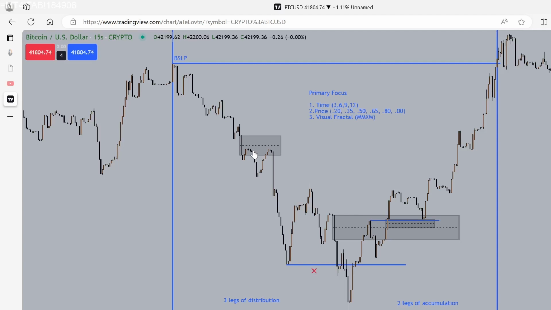We can clearly see that price is utilizing these levels for accumulation and manipulation and distribution. Just to boot, this high here comes in at 42,180. The low down here, we're just looking at price right now, 42,100.